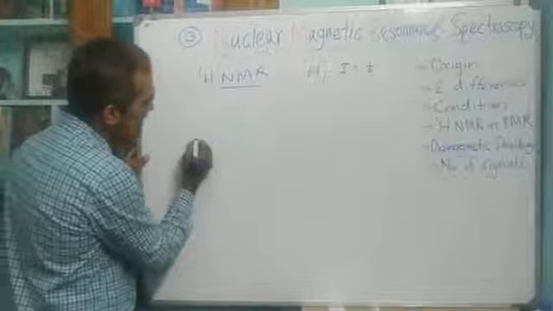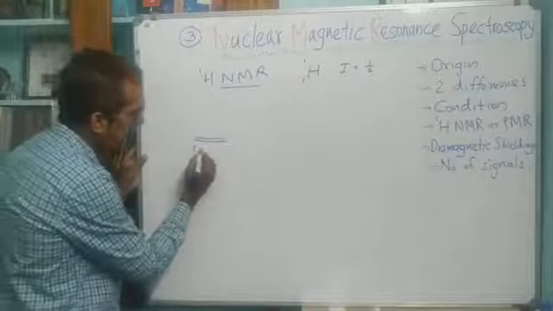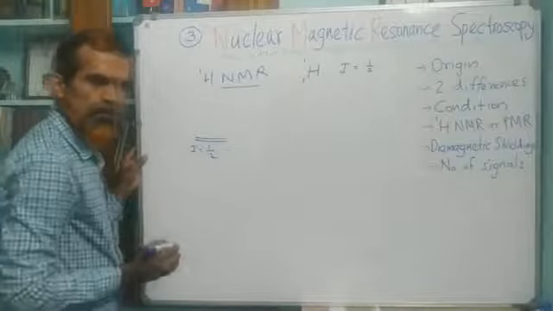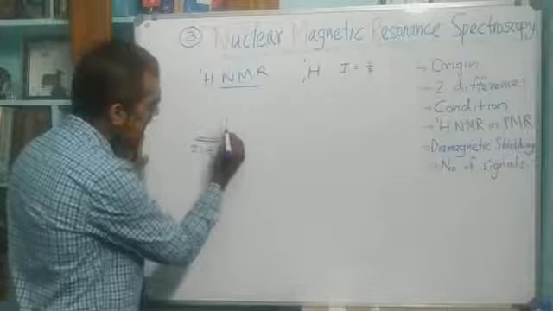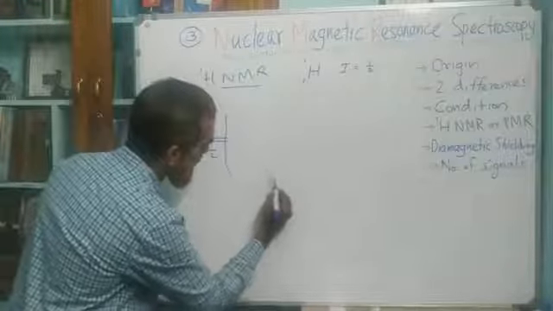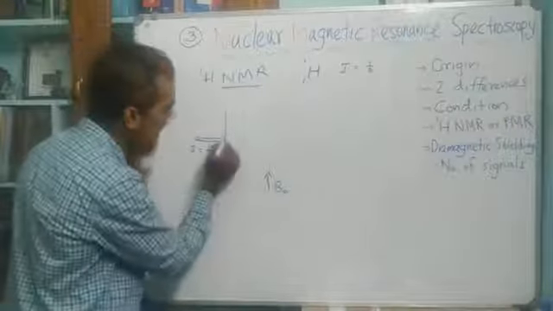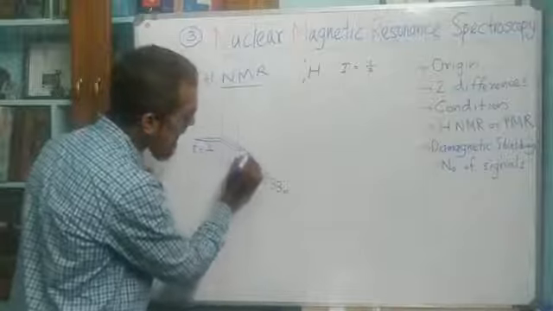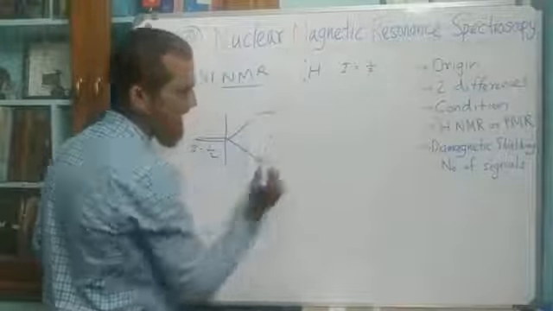Now, I is equal to half for a proton. It is kept in an applied magnetic field. What happens, as I said earlier, is that it will split into two energy states.